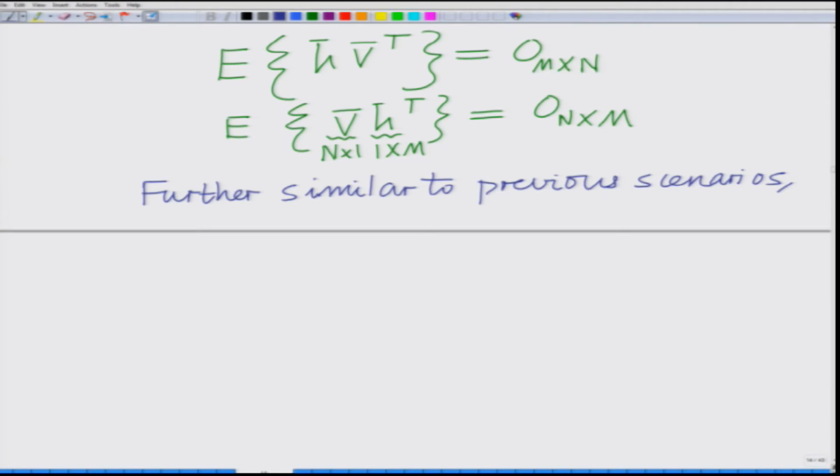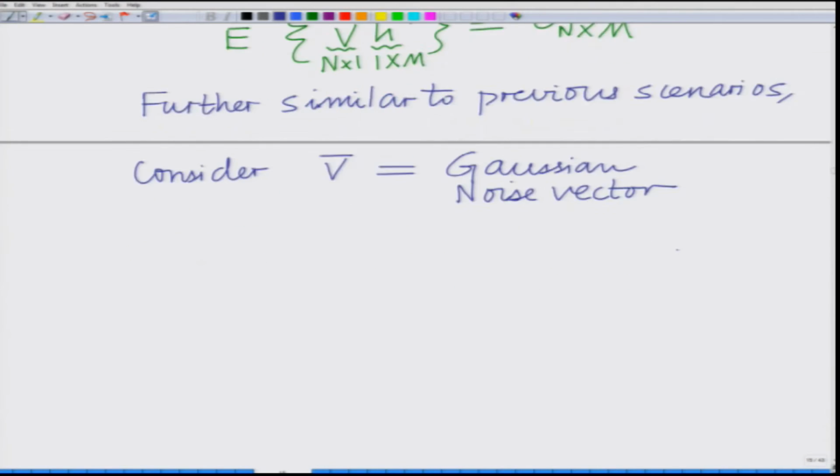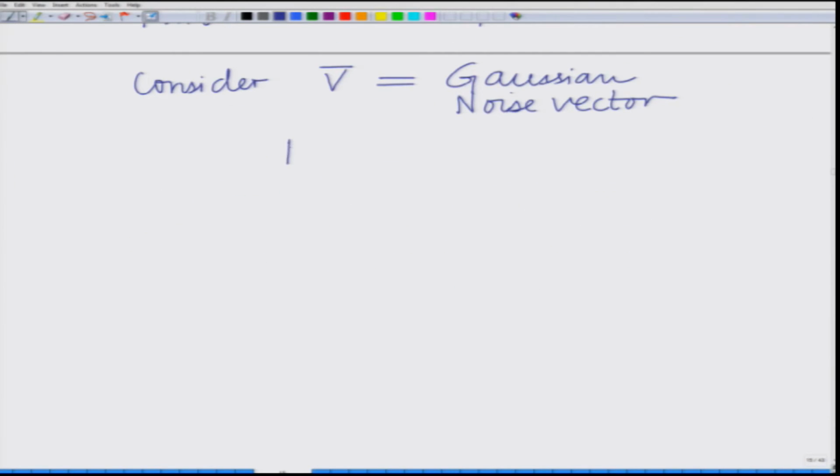V bar is a Gaussian noise vector with covariance, expected value of V bar V bar transpose, equal to sigma square times identity.